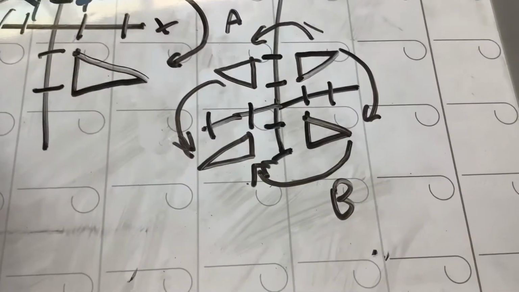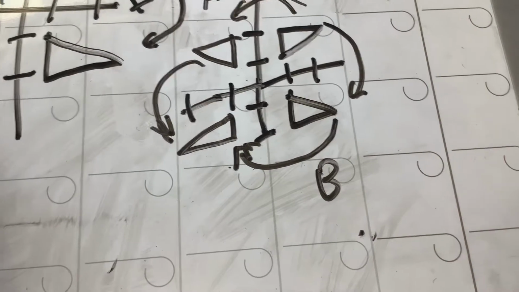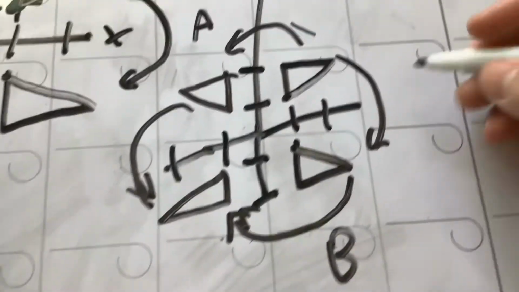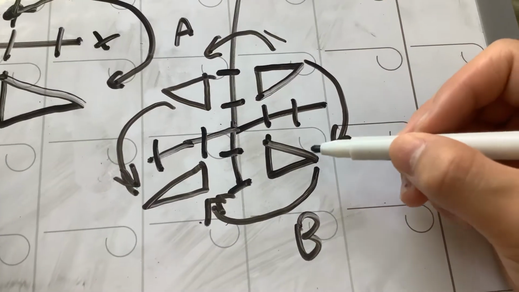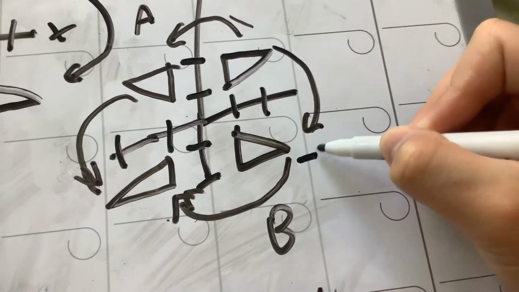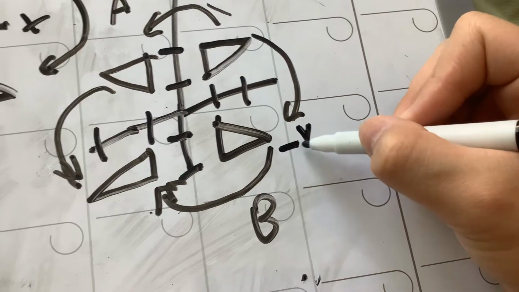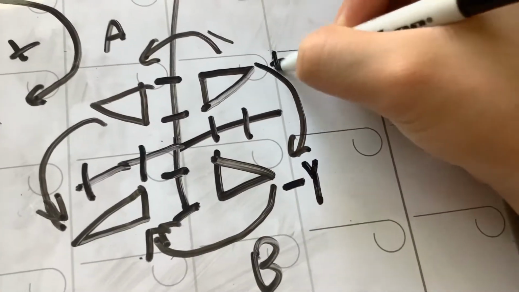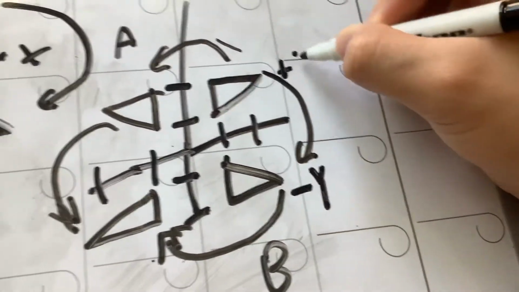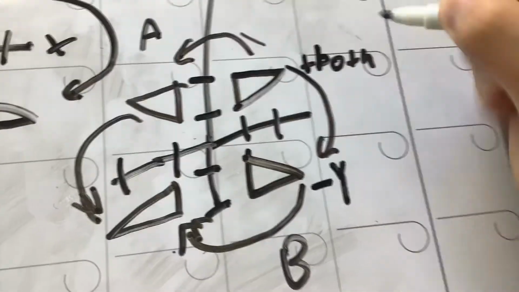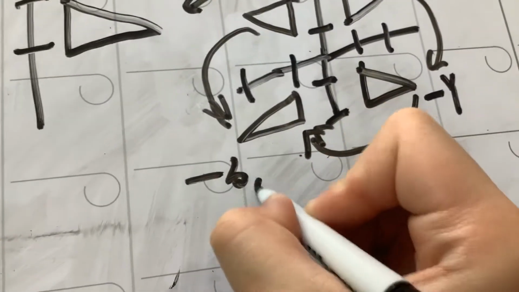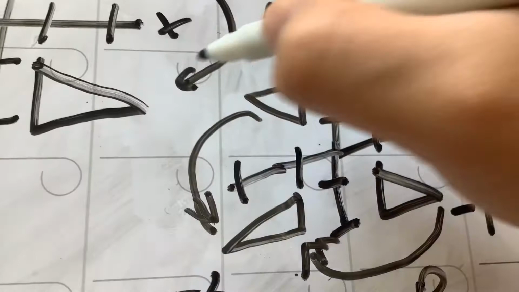Now, you might be thinking, is there a pattern? Well, there is actually. It's the same thing as the rotations. This one has a negative y, negative y. Plus for both. Minus for both. And the minus for x.